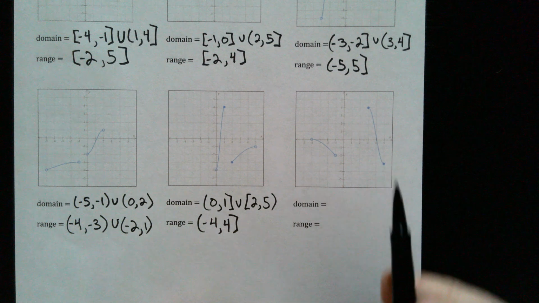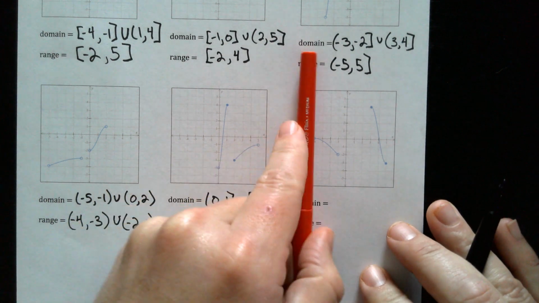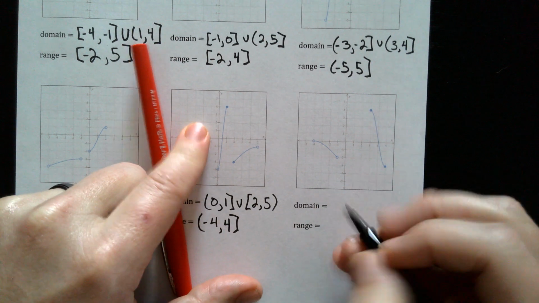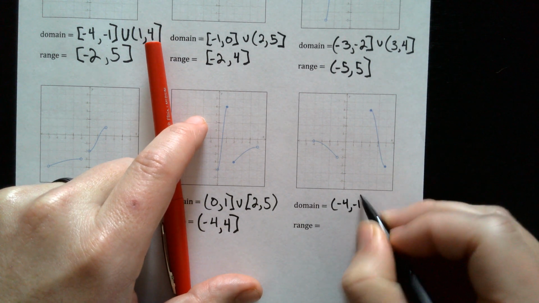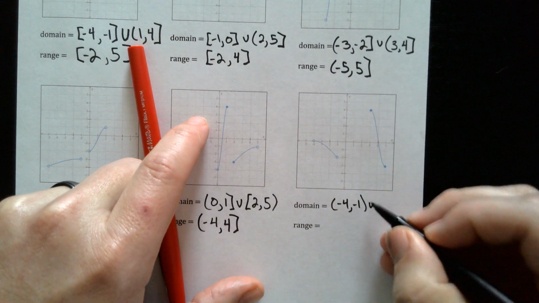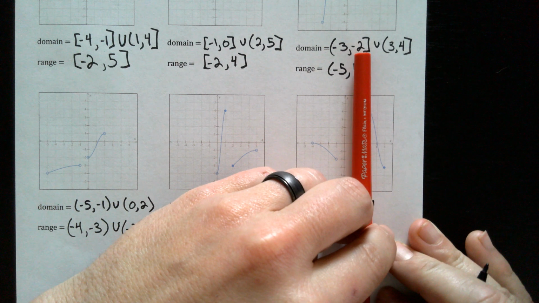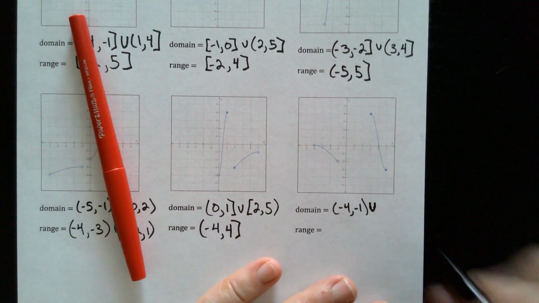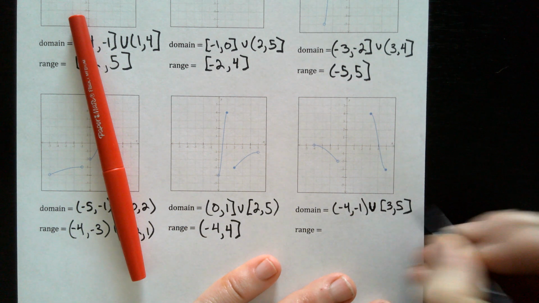Back to it. So we start here at -4, and we move all the way over to -1. Either one are included. So -4 to -1, and then union. We start at 3, and we move to 5, and both of those are included. So bracket 3 to 5 with a bracket.